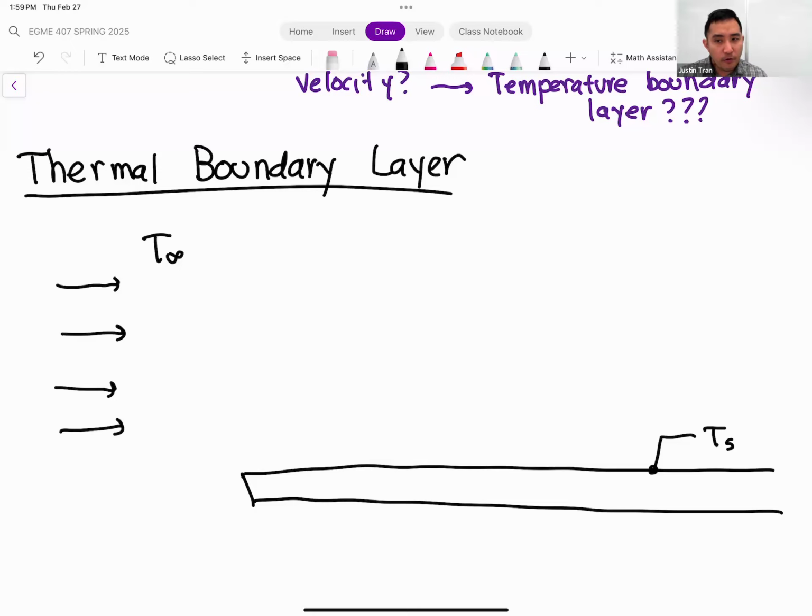So just like the velocity, so just like the fluid, there has to be kind of a smooth transition area where the temperature varies from Ts to T infinity. And we call that the thermal boundary layer.